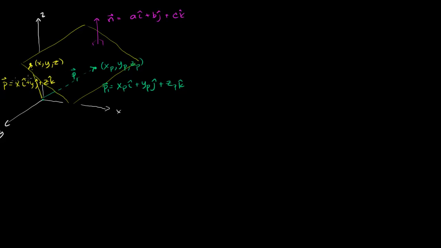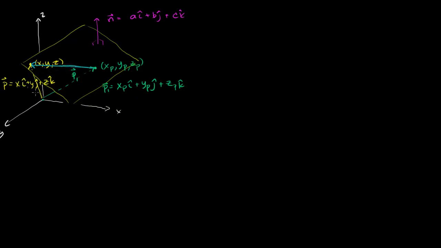If you take the yellow vector minus the green vector, you will get the vector that connects this point and that point, although you can shift the vector. But you'll get a vector that definitely lies along the plane. So the vector will look like this, and this vector lies along our plane.